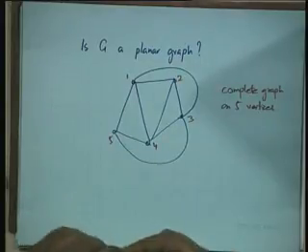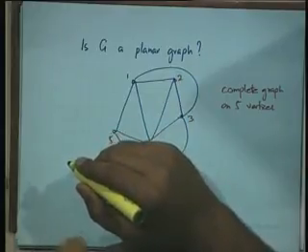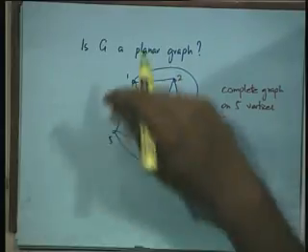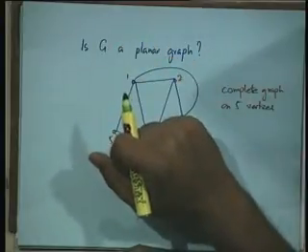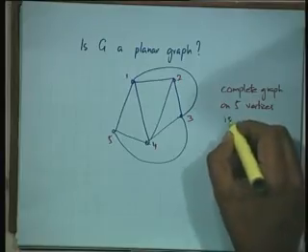Now if I want to draw 2, 5, there is no way I can draw 2, 5 here without crossing. And that has nothing to do with the way I drew the initial thing. So actually this complete graph on 5 vertices is not a planar graph.